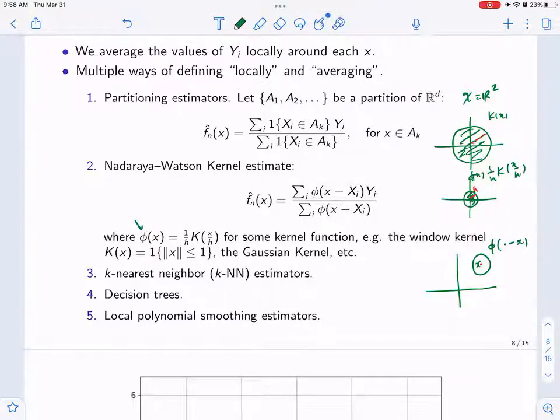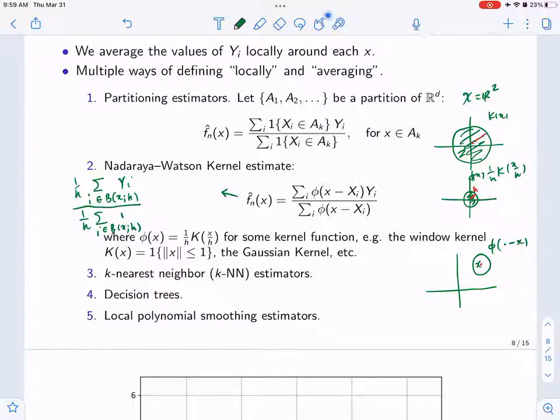So if you just write it down, so this would look like summation over i in a ball of radius h centered at x, and then 1 over h everywhere here, which I can pull out, and then y_i, and then divided by the same thing, 1 over h, summation over i in B(x, h), and then just 1 or 1 over h, okay?